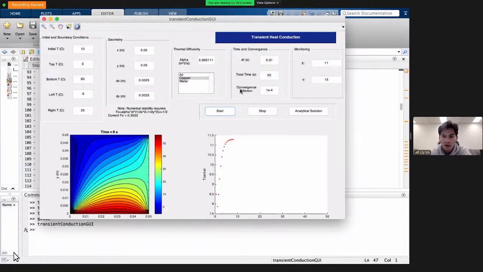For the convergence question, I will check in the total domain at every single node, but the monitoring point here is just for illustration, to visualize.